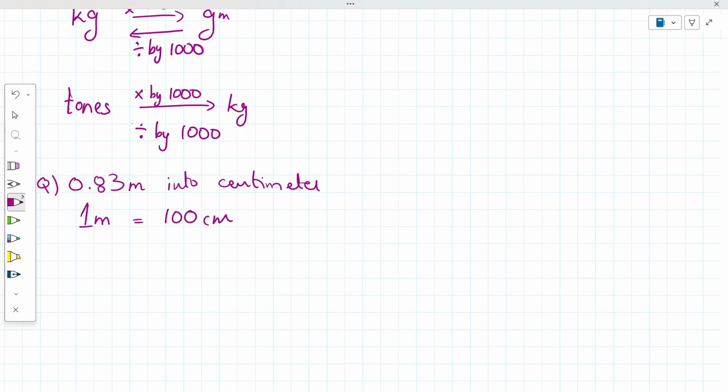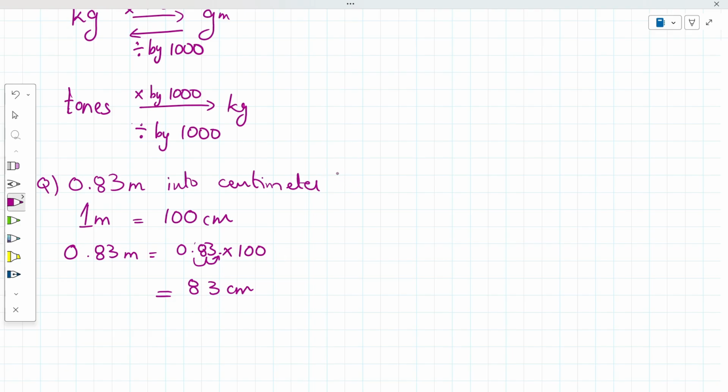So we multiply 0.83 by 100. The decimal moves two places, so the value becomes 83 centimeters.